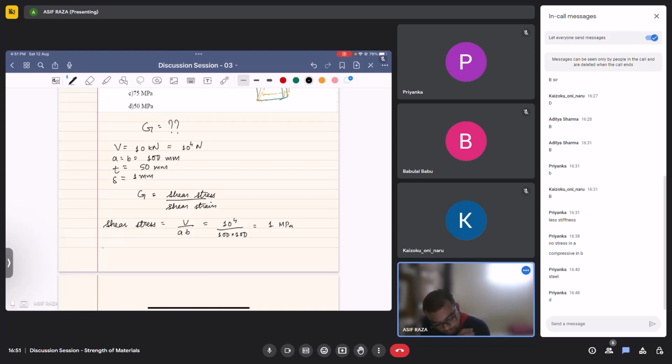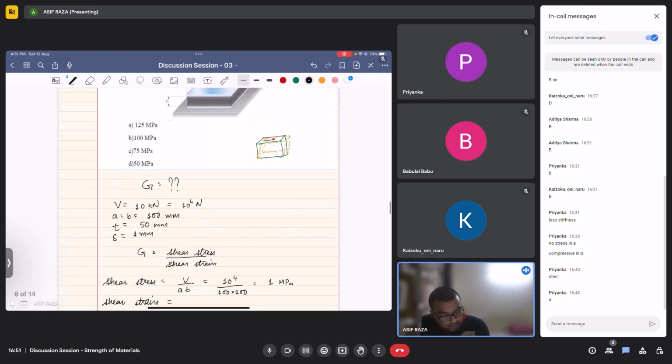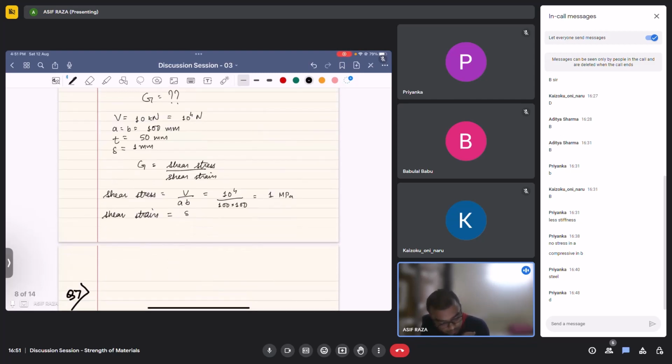And what would be the shear strain? There is a delta displacement here, and this is the thickness. So shear strain would be delta upon T, that is 1 upon 50, and this is a dimensionless quantity.